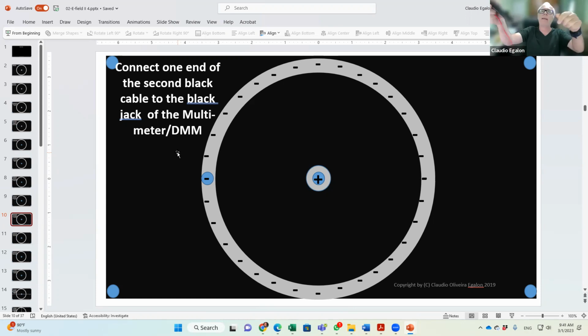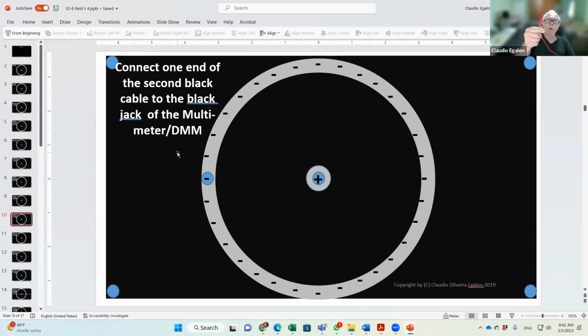The negative probe is connected here, and we secure this pin here in the negative of the electrode. The positive, we leave it suspended like that. We leave it loose, just like we did for the other one.